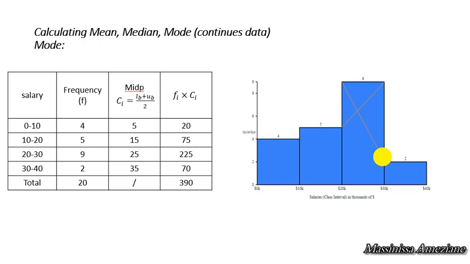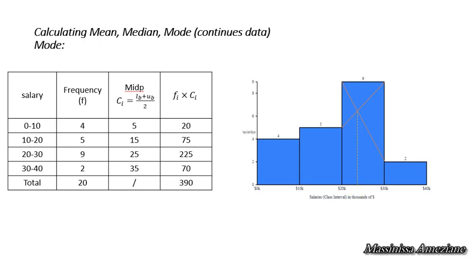Actually, this means that where the two lines intersect, it goes up until here, then it goes down. So where they intersect, this is actually the mode. So we draw a vertical line, and here is the exact value of the mode. This is how to identify the mode graphically.